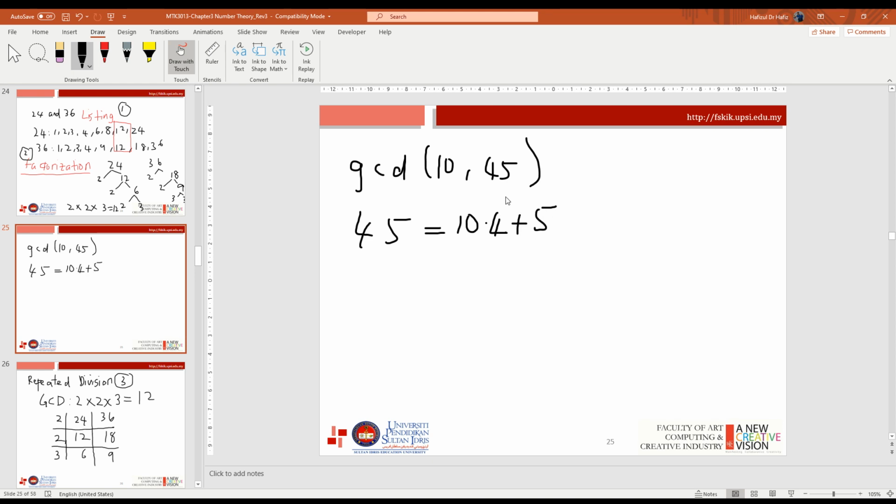This one is q plus r. And then 10 is equivalent to 5 multiplied by 2 plus 0.